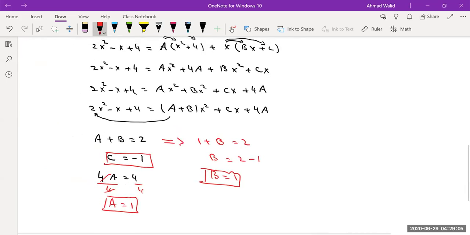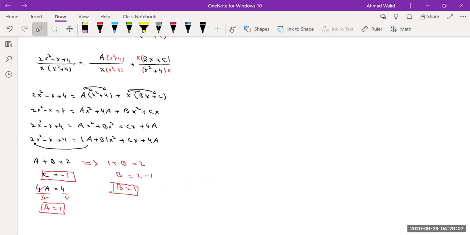If you see at the beginning, let me zoom a little bit.